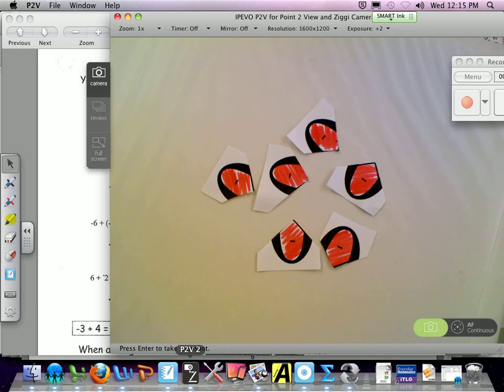So we're going to have negative 6. And then we're going to add 2 to it after we get the negative 6 counted out. So you take your 6 negatives, and you're going to add 2 positives.